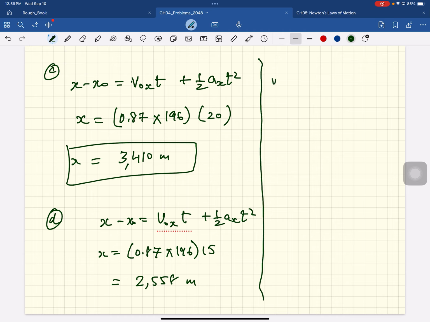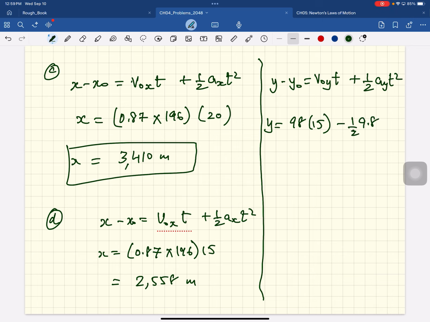And the y position: y equals 0.5 times 196, which is 98, times 15, minus 1/2 times 9.8 times 15 squared.